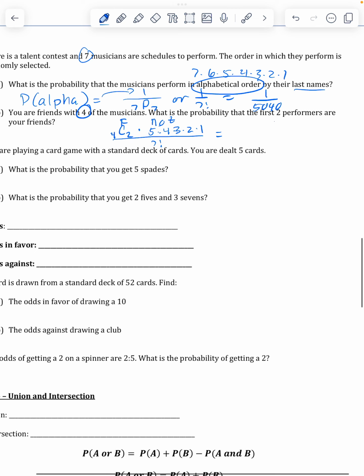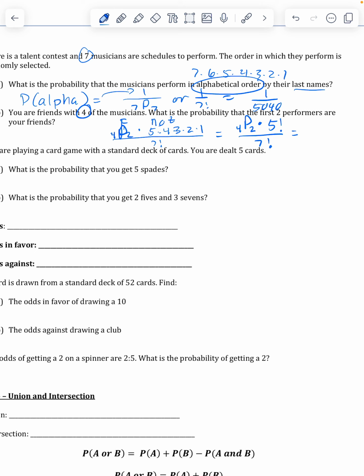So the other way to think about that is here, I could have taken 4 friends. I'm placing the first 2 in order. Probably should have used a P back here because it matters what order they're going in. And then 5, 4, 3, 2, 1 is 5 factorial. And on the bottom, I have 7 factorial. So it's really tricky because now you're taking all the counting we learned and putting it into these probabilities.